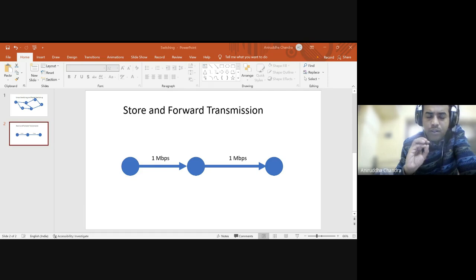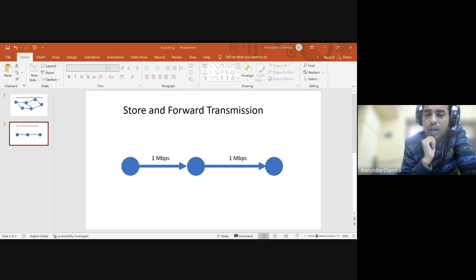There is an intermediate node, which is a communication node, and then there is another terminal node. The link between the first 2 nodes has a capacity of 1 Mbps. I hope you know what 1 Mbps is. Mbps is the data rate, the speed of transfer capacity of this link. The second to third node capacity is also 1 Mbps.